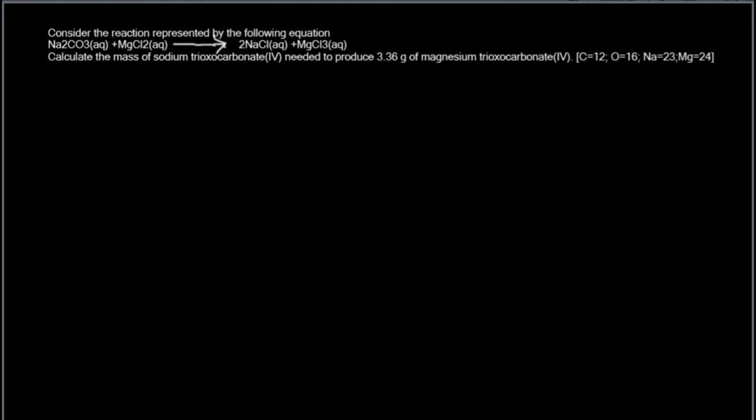So we're going to move to complex questions. Complex questions will give you the idea of what to look for. So let's take another question. Consider the reaction represented by the following equation.